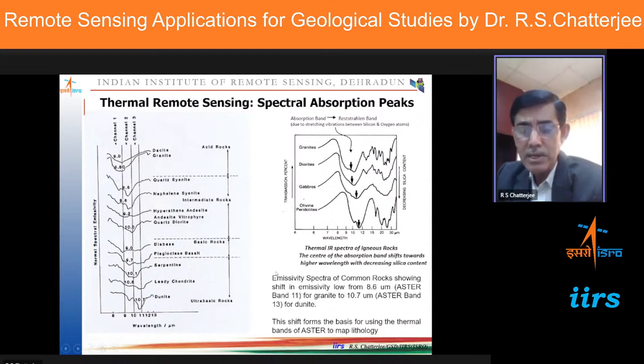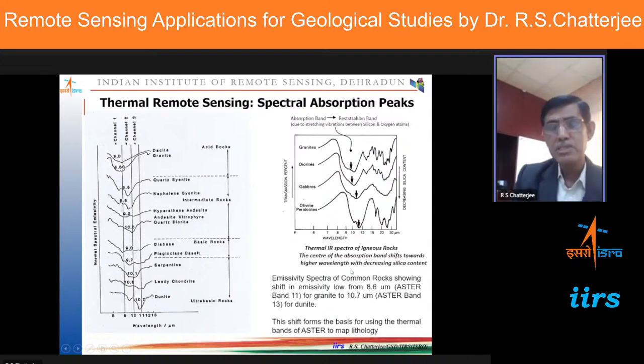But these silicates and also carbonates have prominent or characteristic absorption peaks only in the thermal region. But the thermal region we are not studying much. We need to study more, but there is the availability of the data, and spatial resolution is another problem. In thermal remote sensing, spatial resolution is not very fine. So that may be another reason it is underutilized, along with data non-availability.